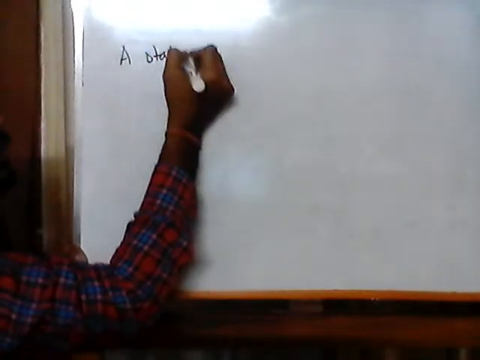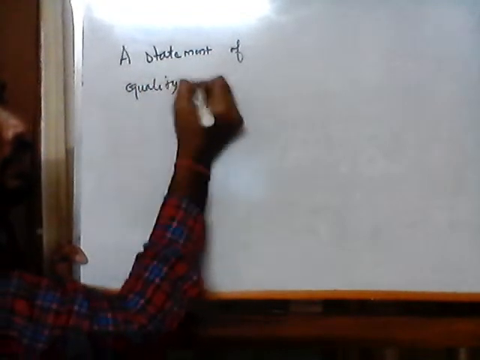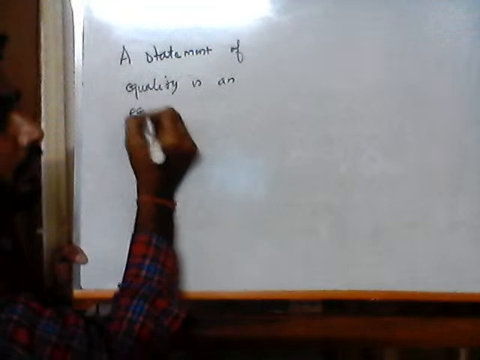When I say equation, what you should understand is that equation is a statement of equality that shows that something is equal to something. That something can be anything, which will be given in the question, you will know. So a statement of equality is an equation.